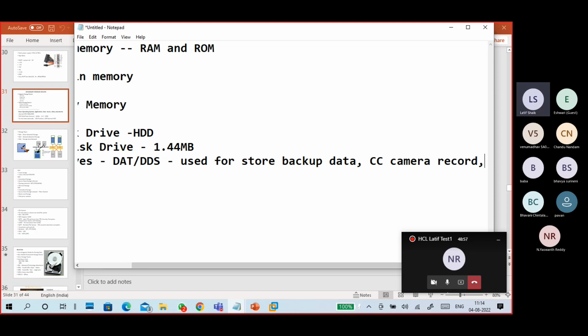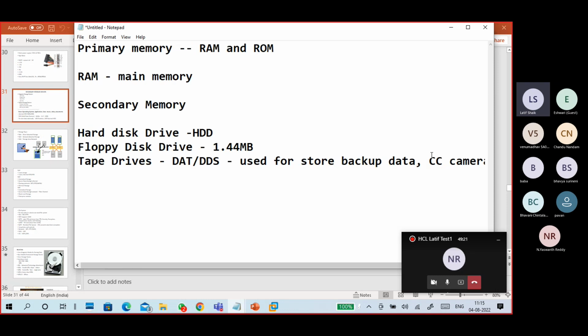I'll put it in storage, a separate box or some room. I keep these cassettes, maybe I will maintain them for 1 year. That is easy. So this tape drive is also used to store CC camera records. Backup is the main purpose of this drive.